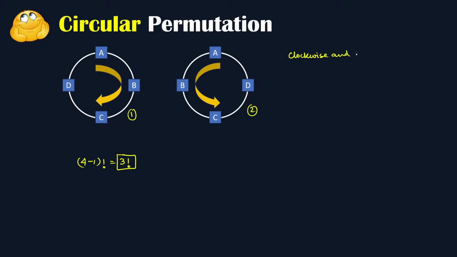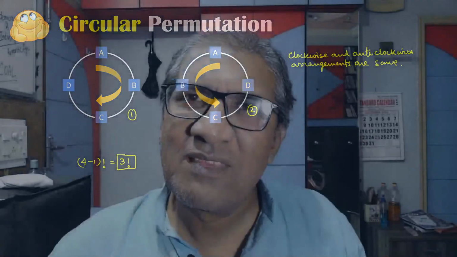Clockwise and anti-clockwise arrangements are same. Then what will happen? If these 2 arrangements, to me, they are same.